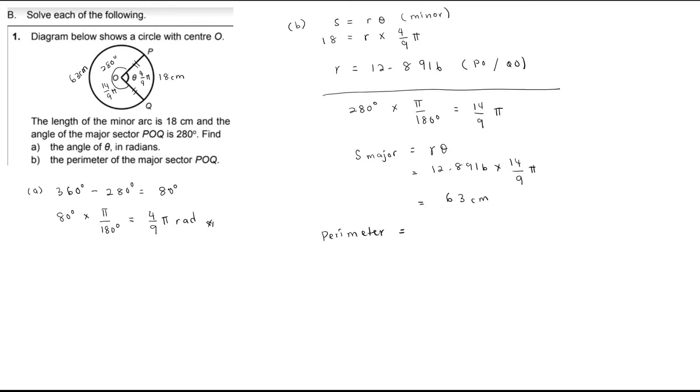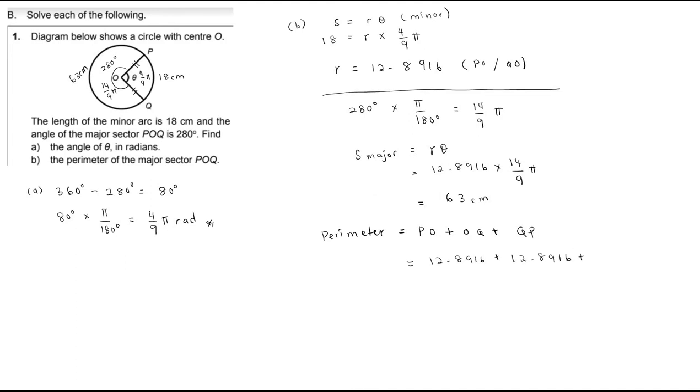So now we can calculate the perimeter of the major sector POQ. PO plus OQ and then plus QP. PO is the radius from earlier, 12.8916. OQ is also the radius, 12.8916.